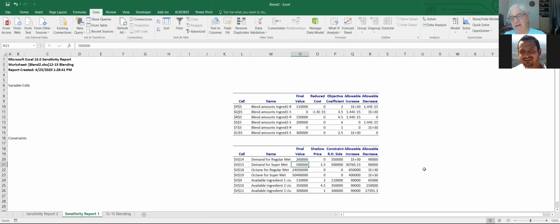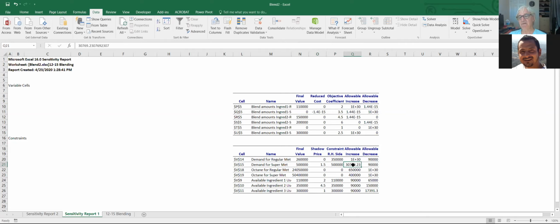So what would have happened if this would require 1 barrel more? Then you will produce 1 barrel more and you will make $1.50 on this additional barrel. And how do you know that you can use the 1.50?